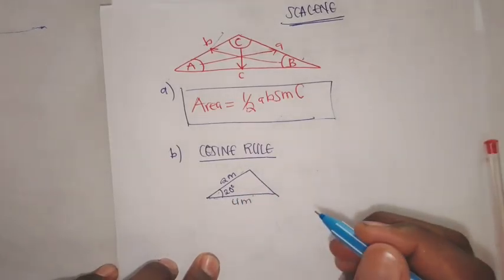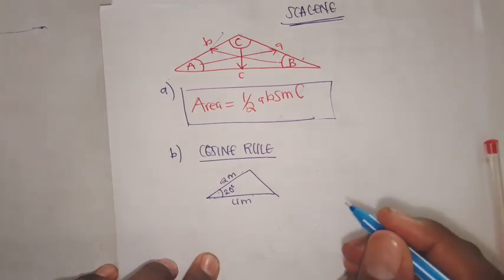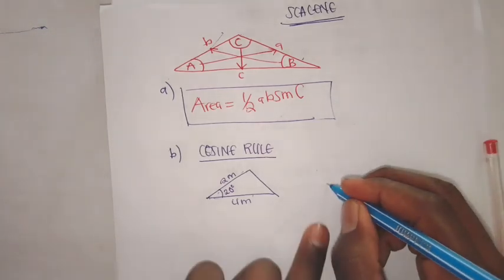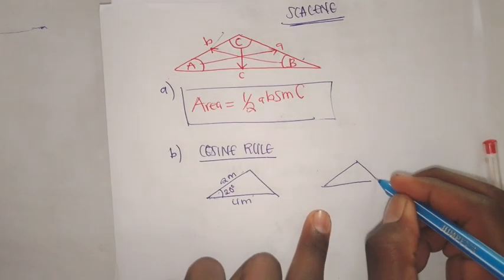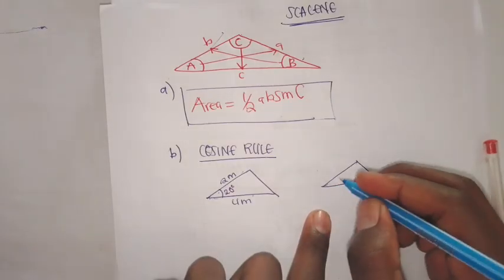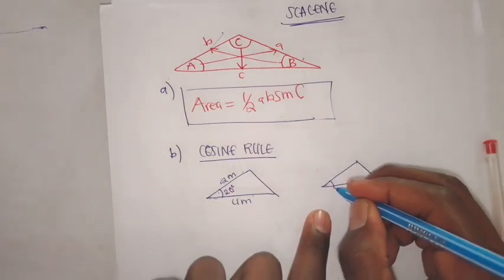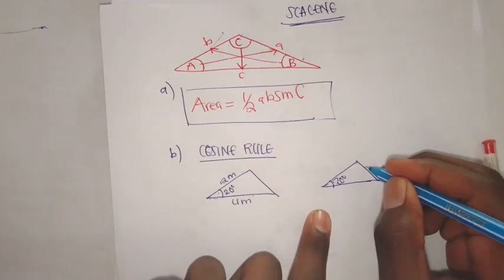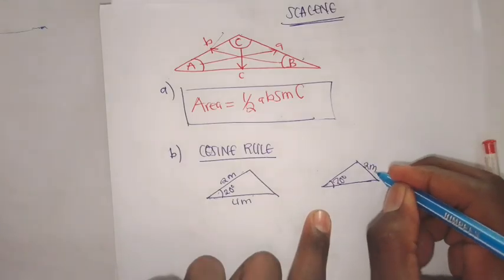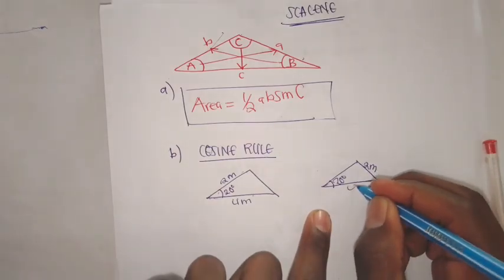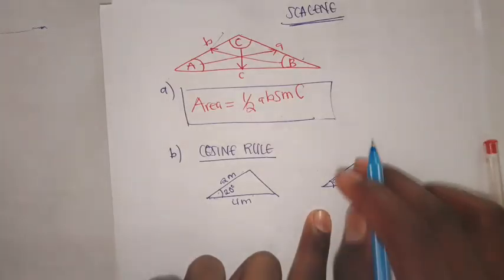Now you can't use cosine. Let's say you've been given a triangle looking like this, with the angle of 20 degrees here, 2 meters here and 4 meters here. You can't use cosine. Why?